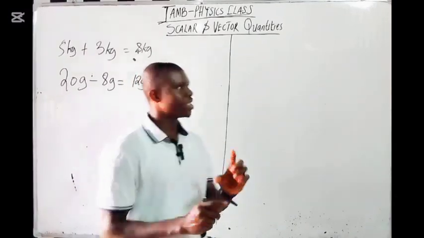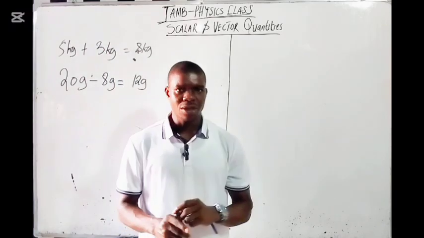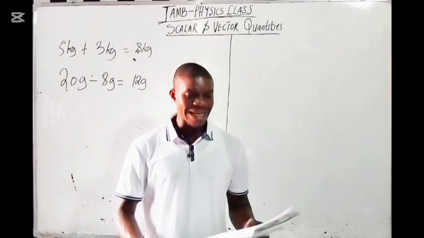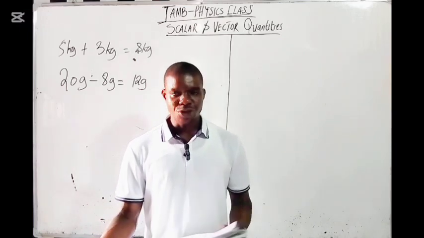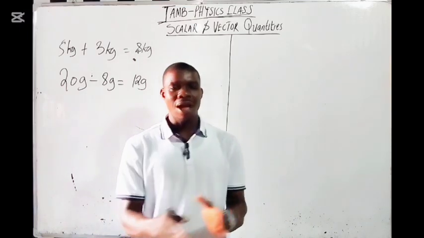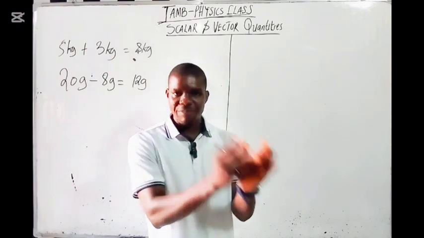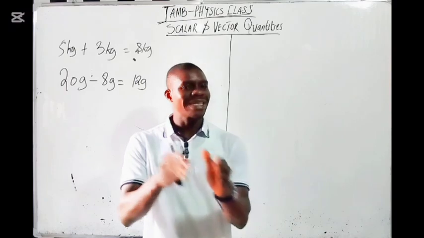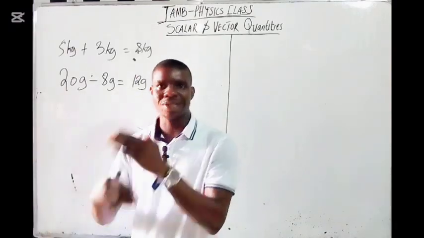So the main work is vector quantity. Vector quantity is a physical quantity that has both magnitude and direction. For example, displacement. When we talk about displacement, here we have 5 meter north, right? 5 meter is just a scalar, but 5 meter north is a vector because there's a direction.